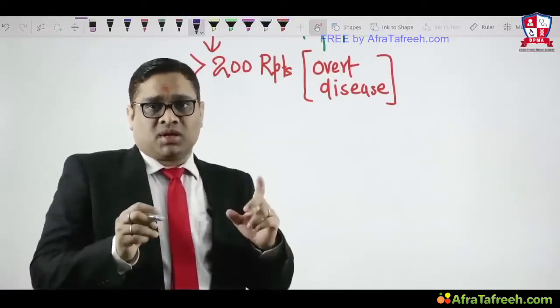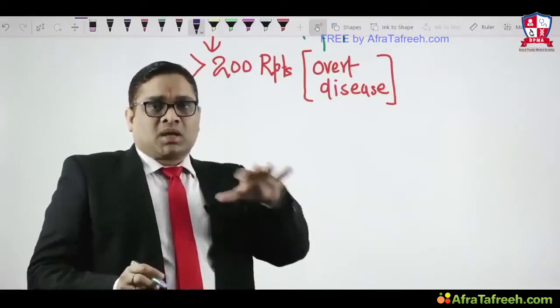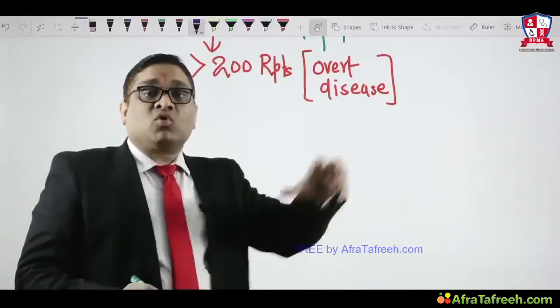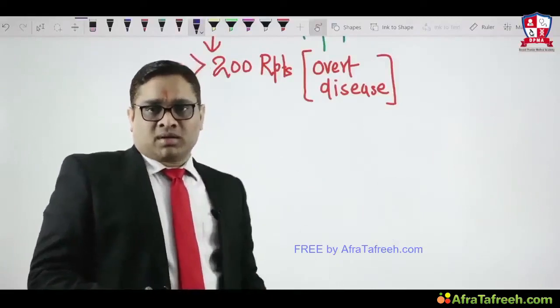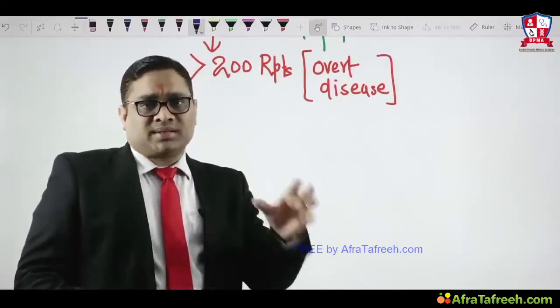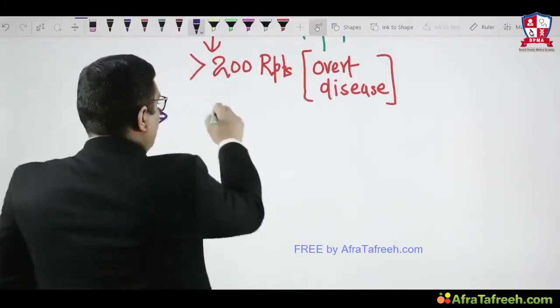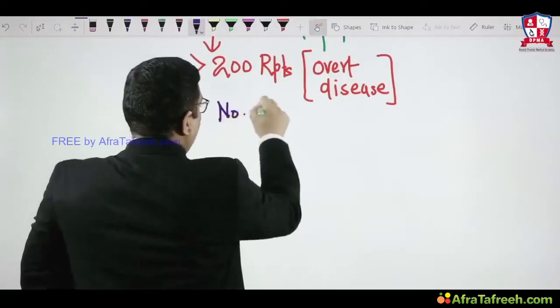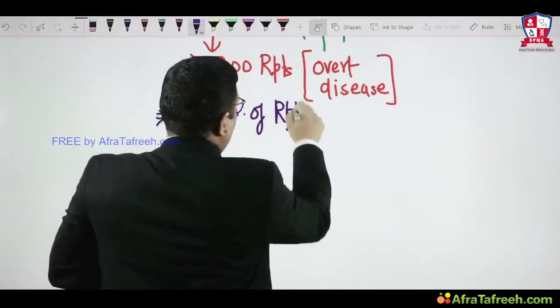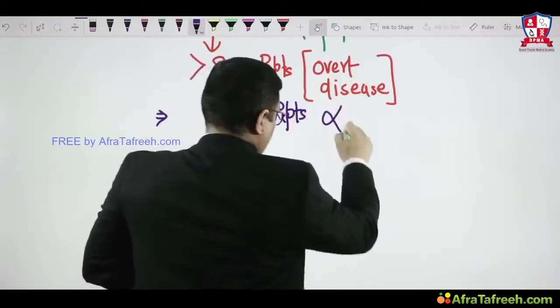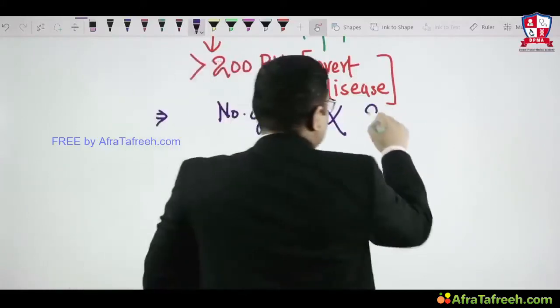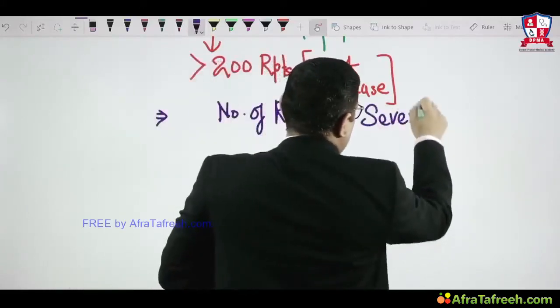So that was the question in the All India exam. There was one statement that the number of repeats will correlate with the severity of the disorder, which was the correct statement, right? So here we have to understand this point that the number of repeats is directly proportional to the severity of the disorder, right?